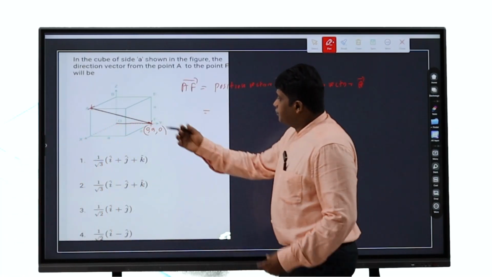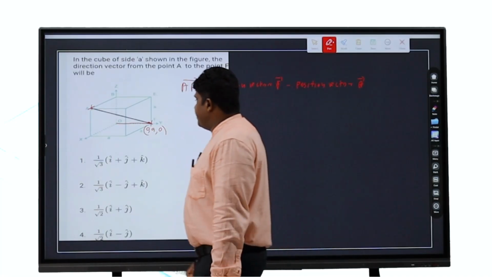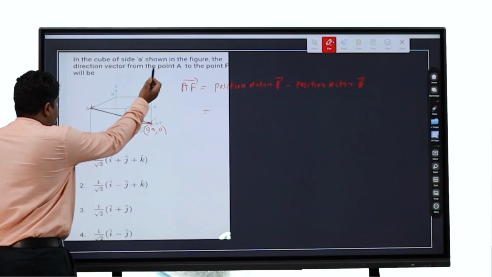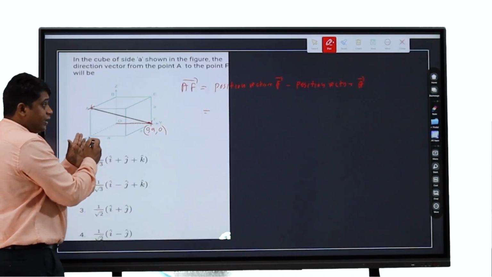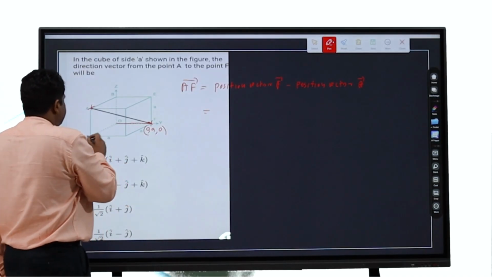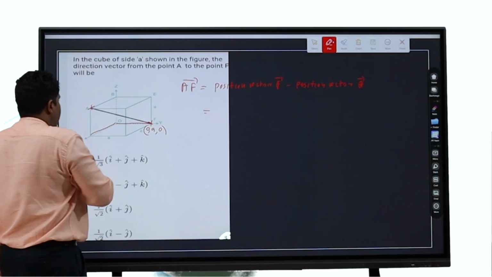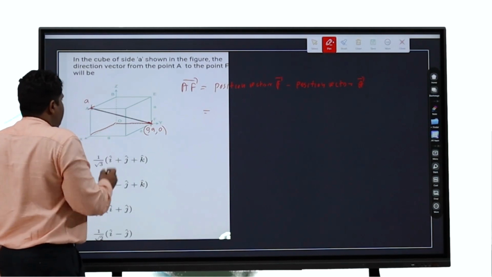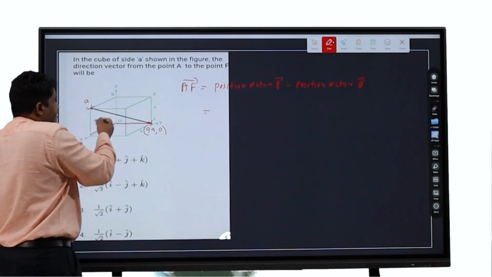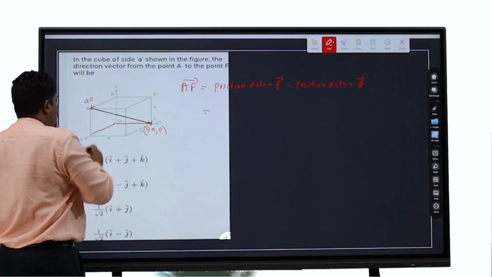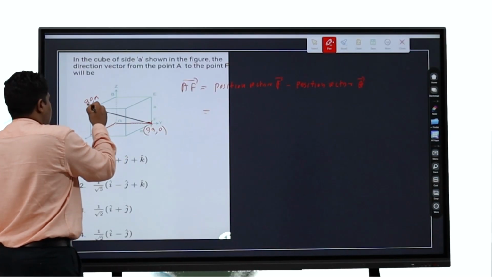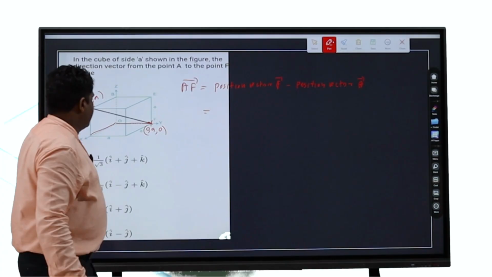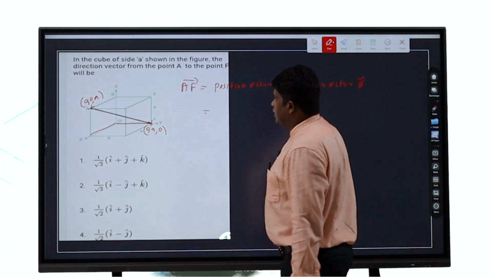Similarly, what about A? A lies in the xz plane. Its x coordinate is this length, which is A. It lies in the xz plane, so the y coordinate is 0. The z coordinate is A. Then how can we find the position vector?